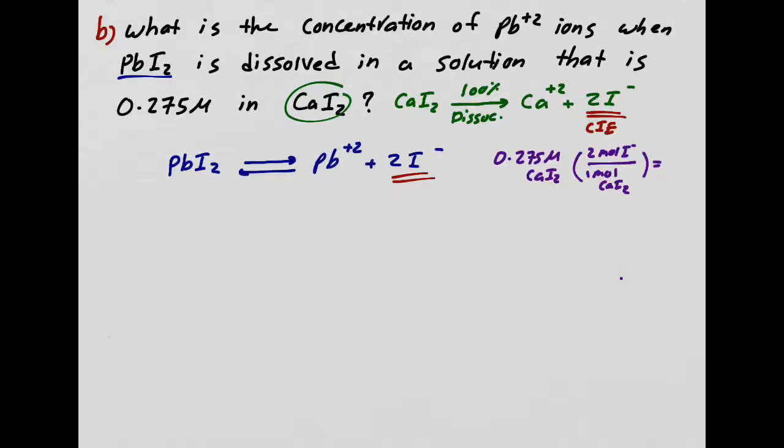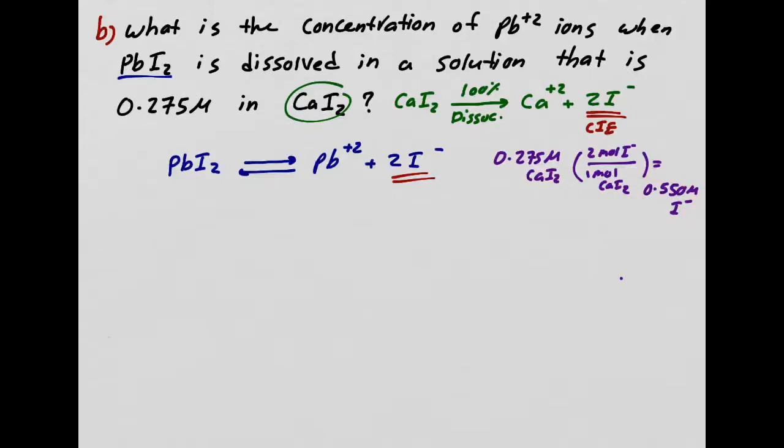It's a 1-to-2 mole ratio. So when everything breaks up, because each calcium iodide has 2 iodide, what I would end up with is 0.550 molar I minus. So when I start this reaction, I have this much iodide already in the solution.